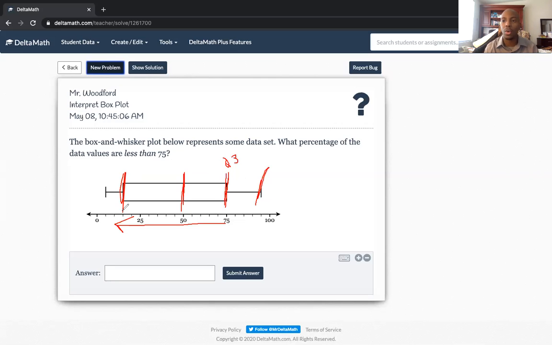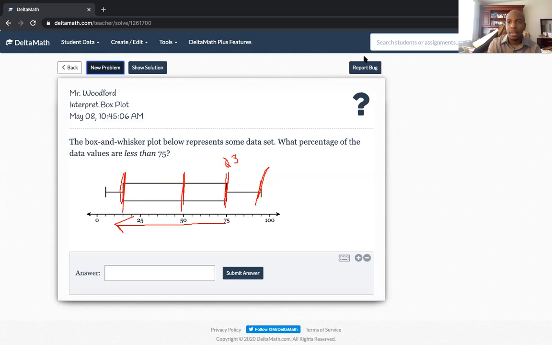Lower quartile is quartile 1, and upper quartile is quartile 3. If they asked what percentage of the data is greater than quartile 1, you would say 75%. Less than quartile 1 is 25%.